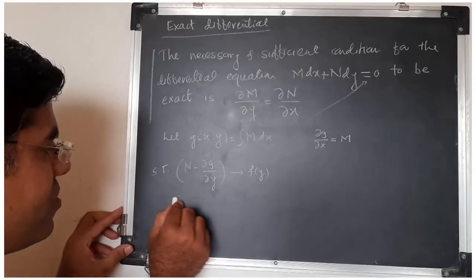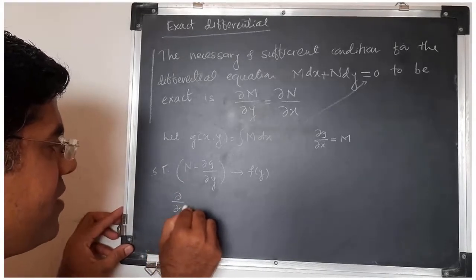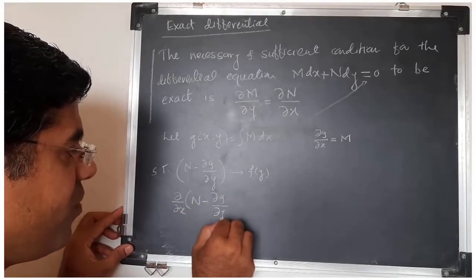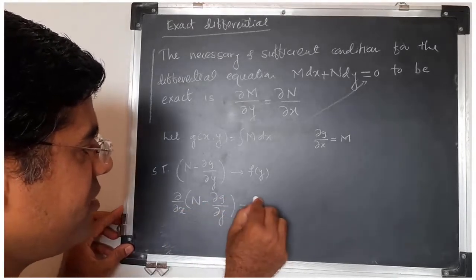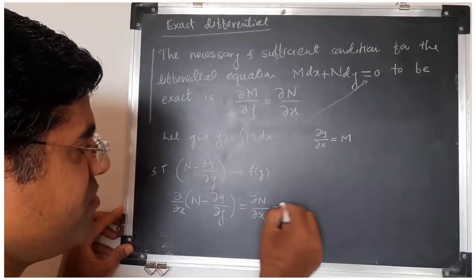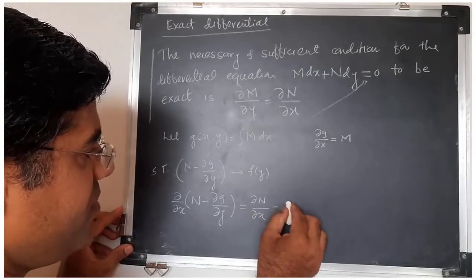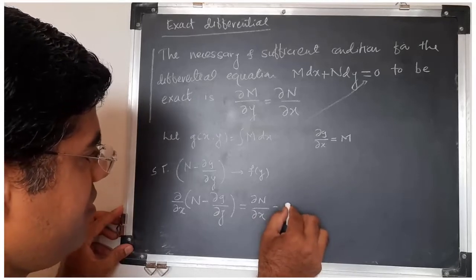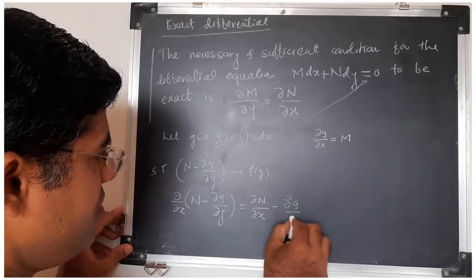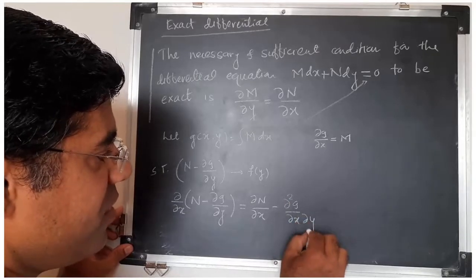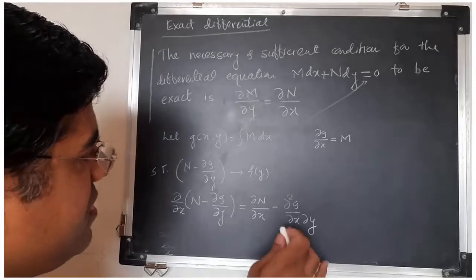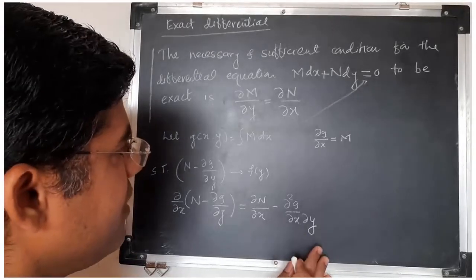Simple thing. So this is ∂/∂x of N minus ∂g/∂y. So what can we write here? This is ∂N/∂x minus ∂²g/∂x∂y.